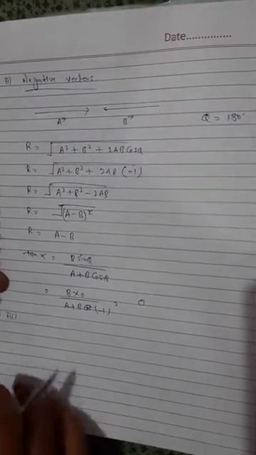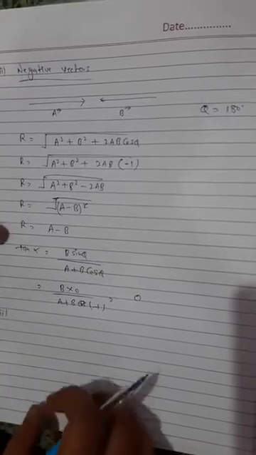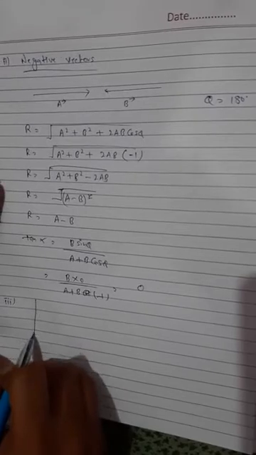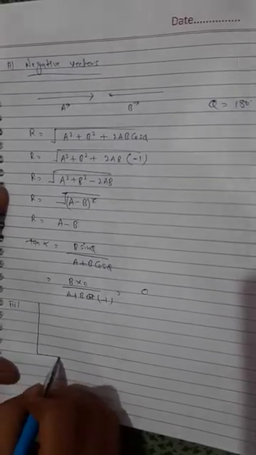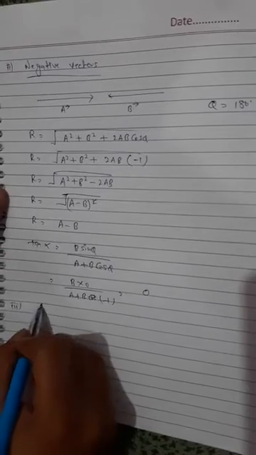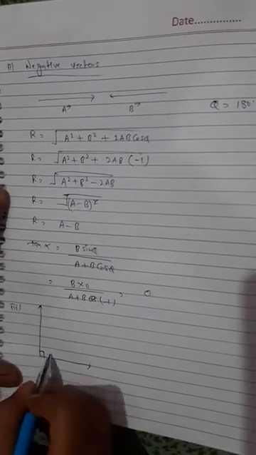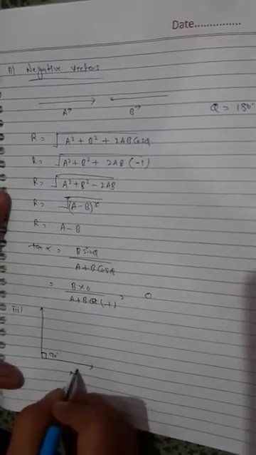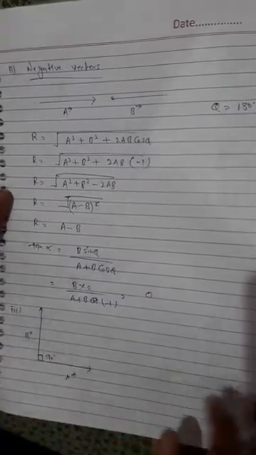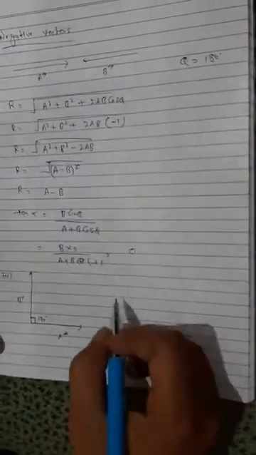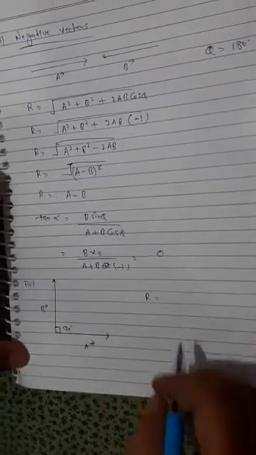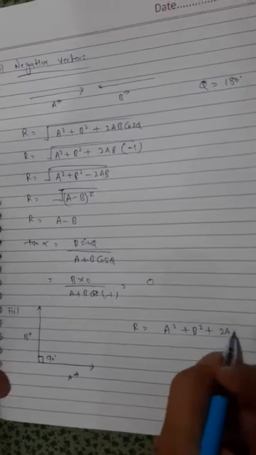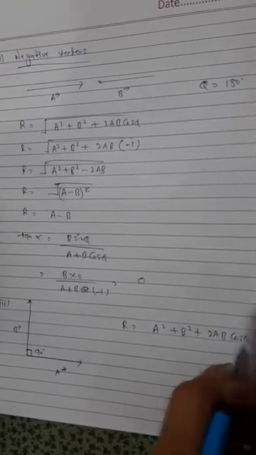Now the next case is if the angle between the two vectors is 90 degree. Now we have to do the same here. First of all, we write the resultant vector, that is the square root of a square plus b square plus 2ab cos theta.